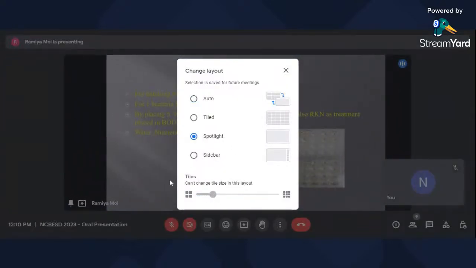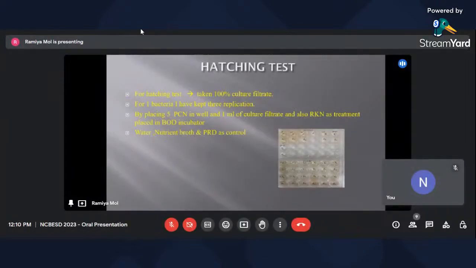Hatching test. Finally, I have obtained the culture filtrate, which I am going to use for the hatching test. For one bacteria, I have kept 3 replications by placing 5 cysts in one multi-well plate, and the same for RKN. These are the plates.